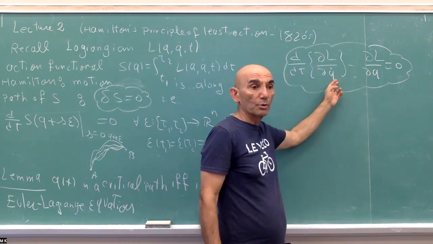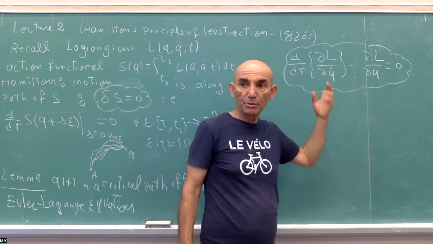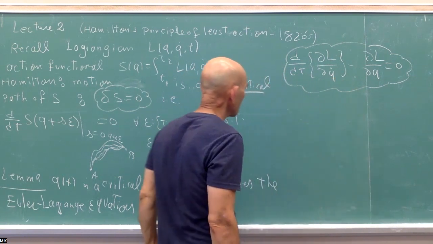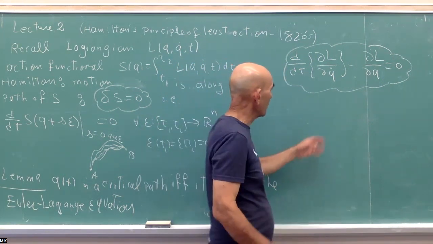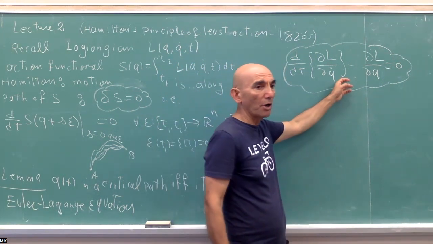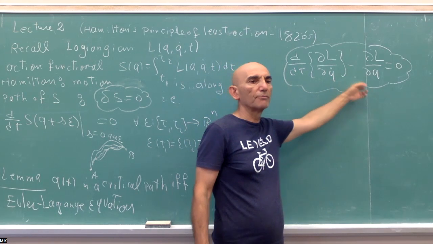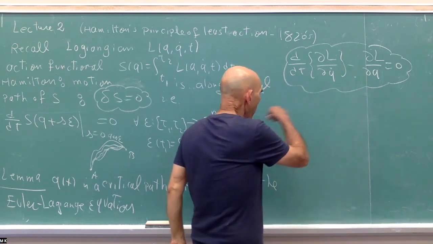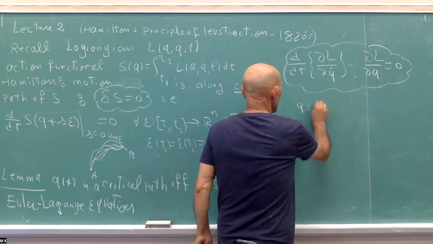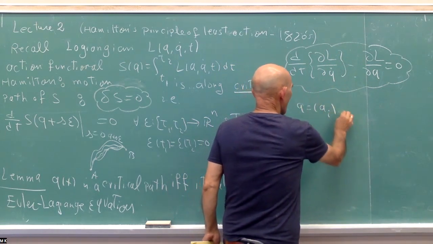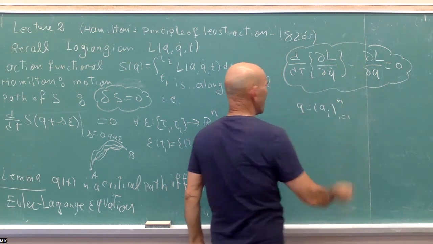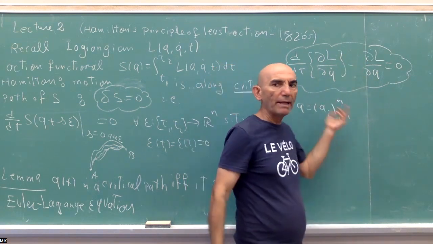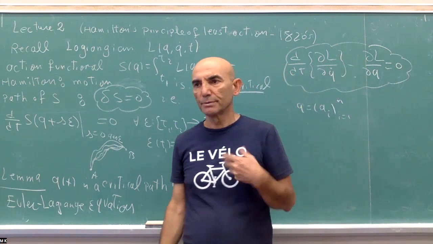Obviously, this is a second order ODE that q has to satisfy. And of course, if you are in R^n, you can put q_i here for all coordinates. So there is a system of n second order ODEs.